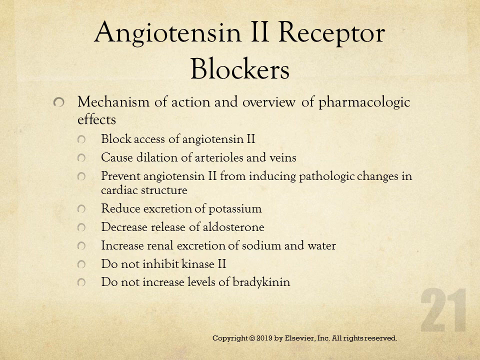It prevents angiotensin II from inducing pathological changes in the cardiac structure. It reduces excretion of potassium, decreases release of aldosterone, which is involved in that potassium. It increases the renal excretion of sodium and water, does not inhibit kinase 2, and does not increase levels of bradykinin.